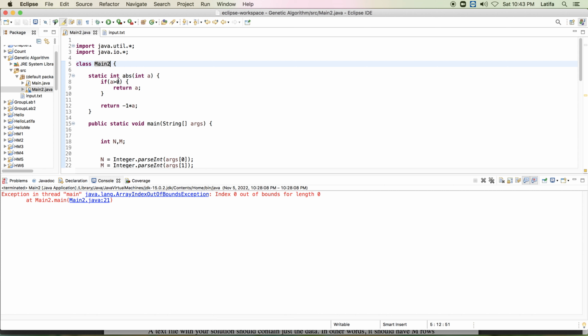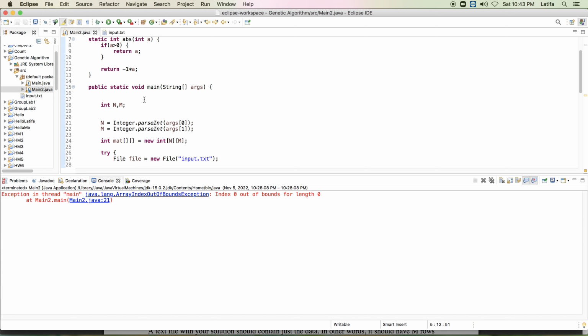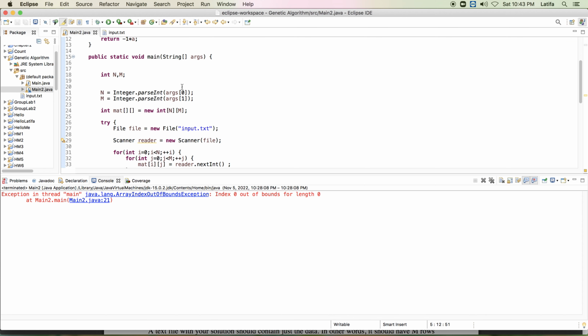It takes in an integer a, and it checks if a is positive, it returns a, and if it is negative, it returns it multiplied by -1, meaning we always want the positive value, or the absolute value, of an integer. Then here, this is my main method.